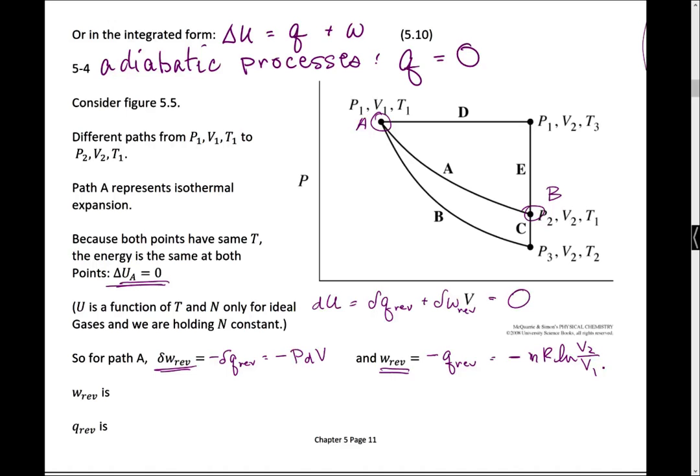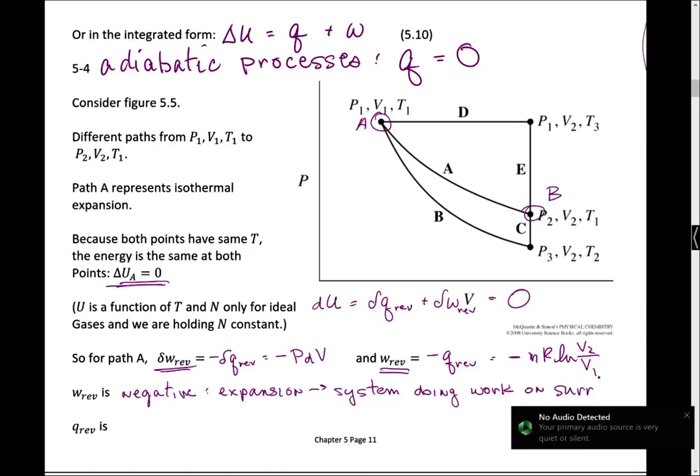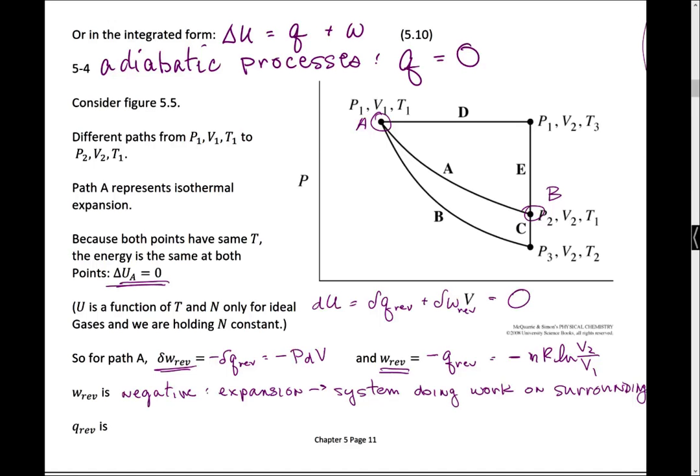All right, and then if we're talking about an expansion, work is negative. And that's because our system is doing work on the surroundings. All right? And because there's no change in the energy of the system, that means that Q is the opposite sign.